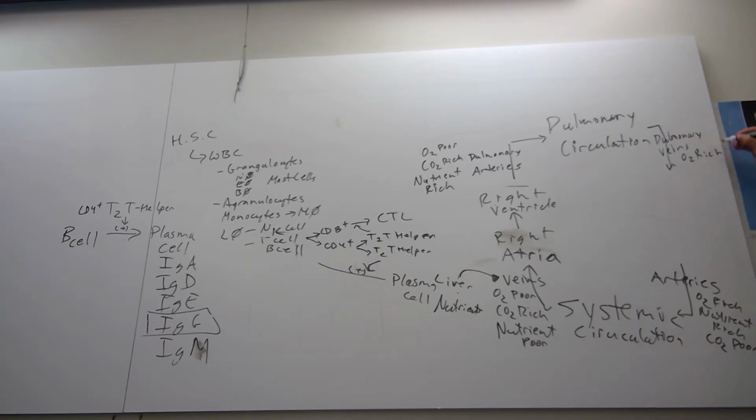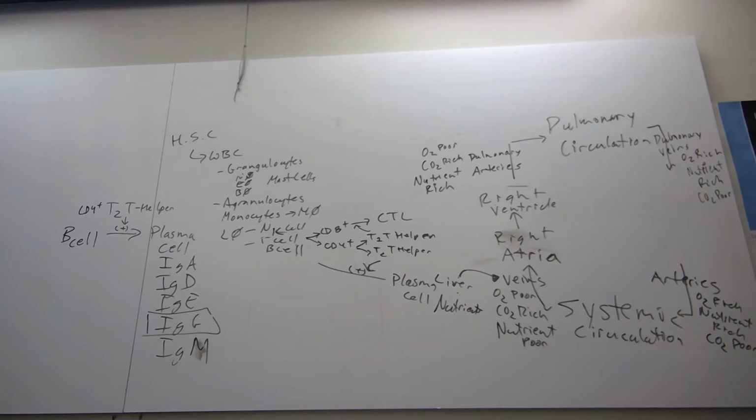Right? So O2 rich, nutrient rich, and CO2 poor. Okay? And that's going to a pulmonary vein. So veins go to the heart. Right? Veins go to the heart.